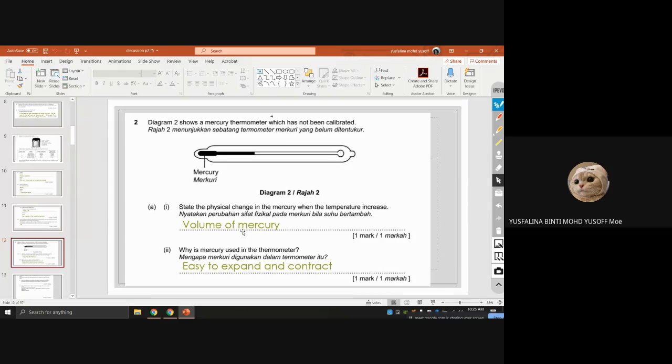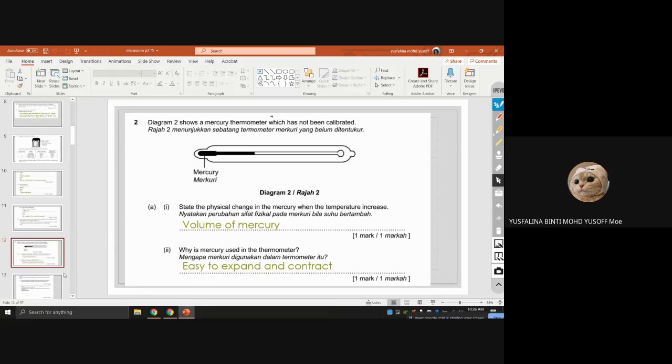The second one asks why mercury is used in a thermometer. The answer is that it expands and contracts easily, and also mercury will not stick to the glass.